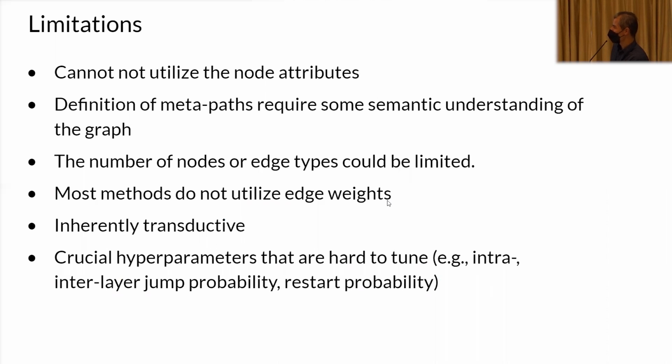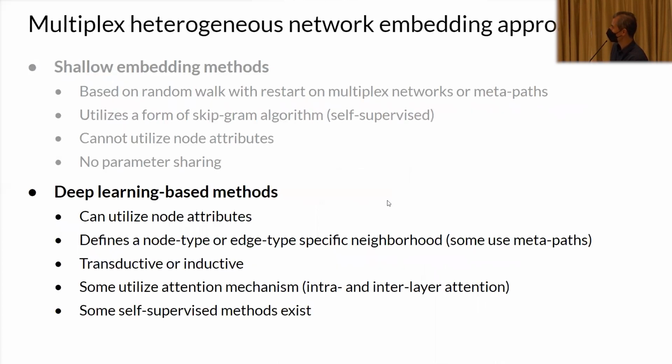But more importantly, as Arjun mentioned, these are transductive methods, so every time you have to start from scratch to learn an embedding. And there are some hyperparameters, like what will be your jump probability or restart probability. It's hard to tune those hyperparameters.